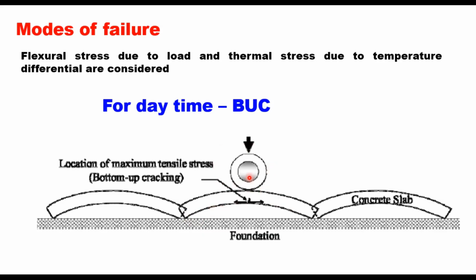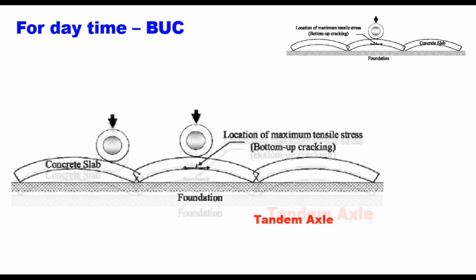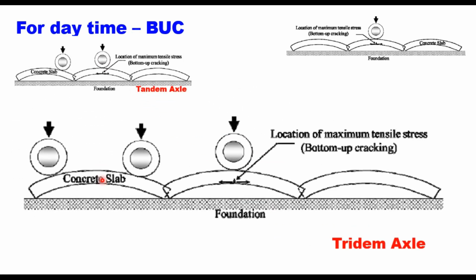When the axle load acts midway on the slab, maximum tensile stress is developed at the bottom of the slab and that can create a small crack here which will propagate upward, and that is why it is called bottom up cracking. This is the load position for a single wheel. This is the load position for tandem axle. One wheel here, another wheel on the next slab, and this is the wheel position for tridem axle.